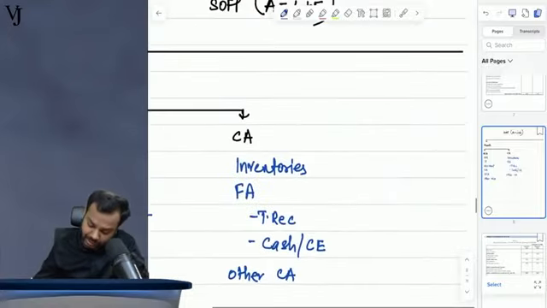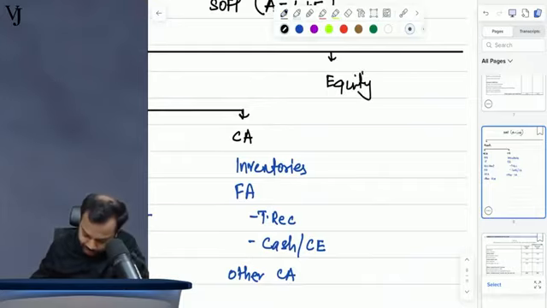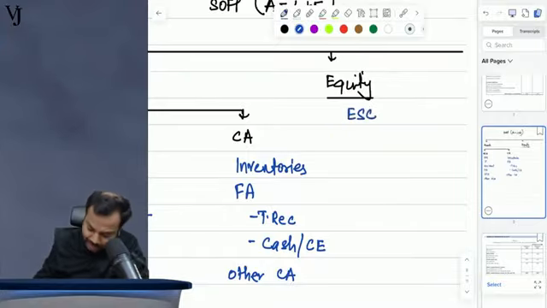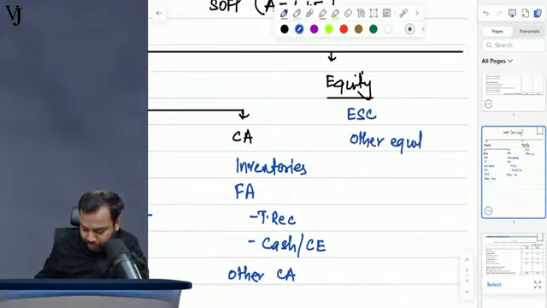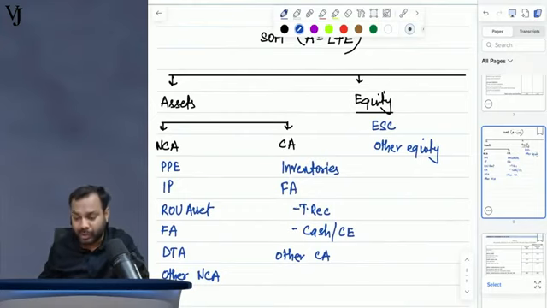Okay, then comes equity. Under equity there are two things: equity share capital and other equity, other components of equity. Guys, tell me, are you able to understand this SOFP? Just see here.